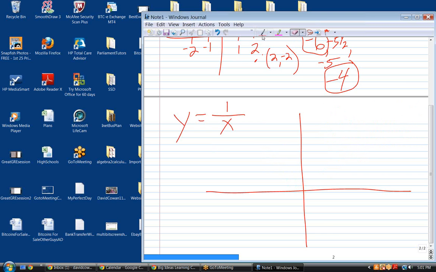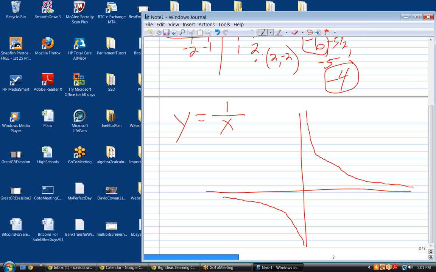If I graph this function, it's a hyperbola that looks like this. The hyperbola is never going to hit the x-axis, and it's never going to touch the y-axis. It's going to approach them.